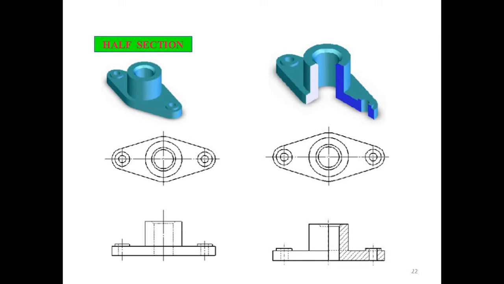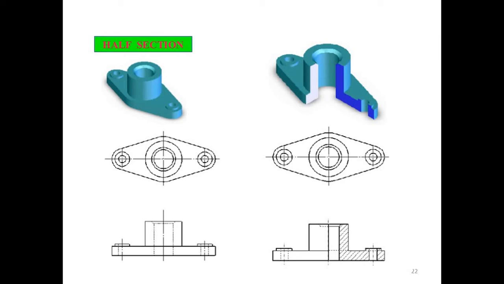The inside bore and the chamfer of that inside bore are invisible, which is shown by dotted lines, as well as these two small holes on the component are also invisible, which are again shown by dotted lines.